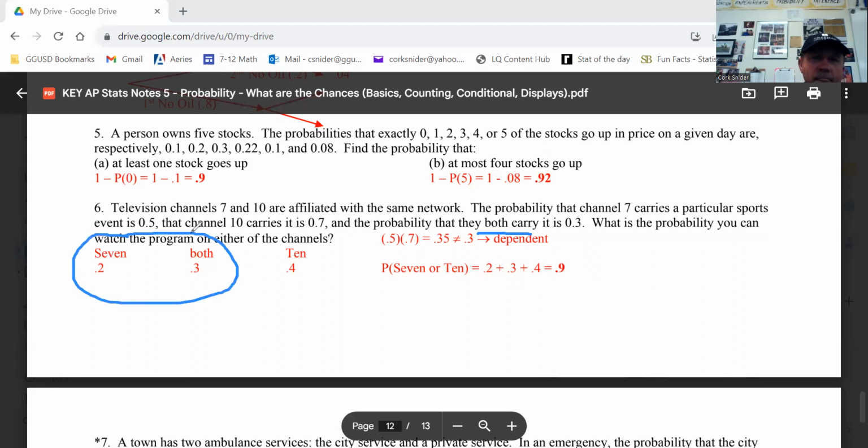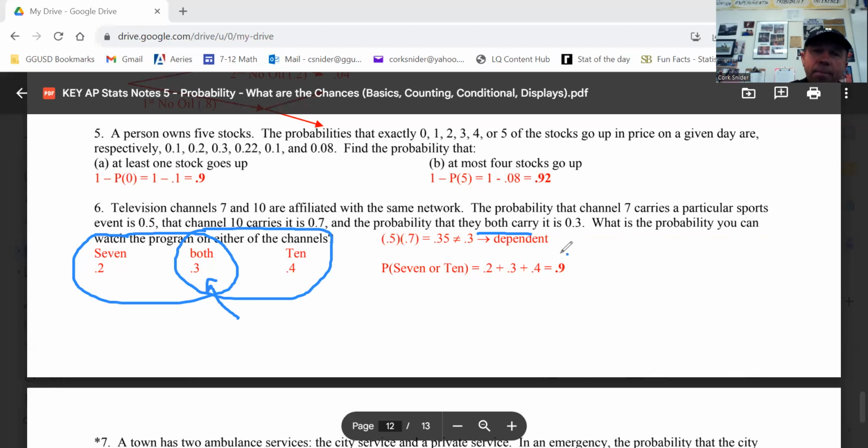There's your Venn diagram. Always start where the both is. So channel 7 is 50% total, which you can see added up here. Channel 10 is 70% total. And it asks, what's the probability you can watch the program on either of the channels?